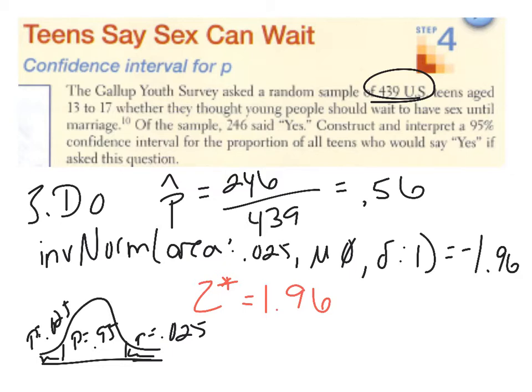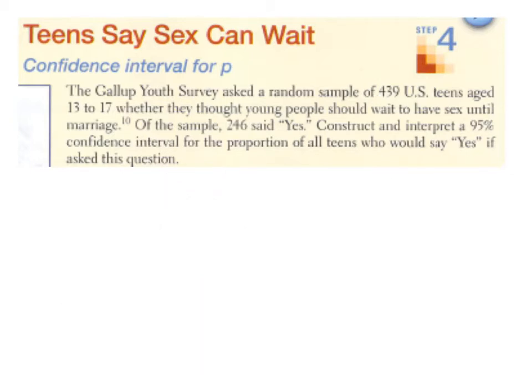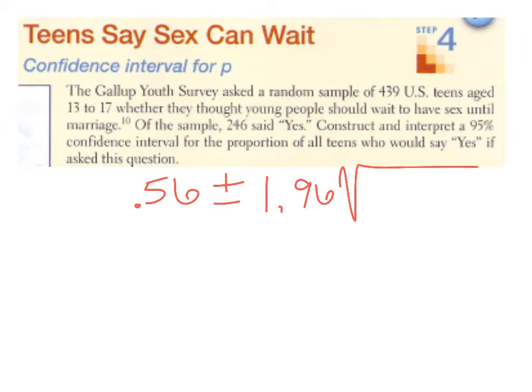So now I need to show my other calculations. Let's clear some space here. To find my confidence interval, I've got my statistic, 0.56, plus or minus my critical value, 1.96, times my standard error. My standard error is the square root of p hat, 0.56, times 1 minus p hat, over my sample size, 439.